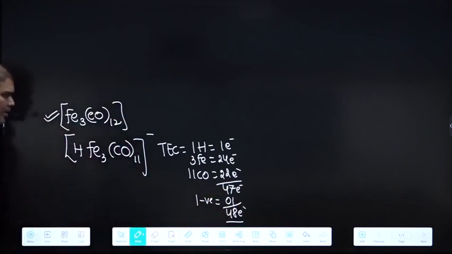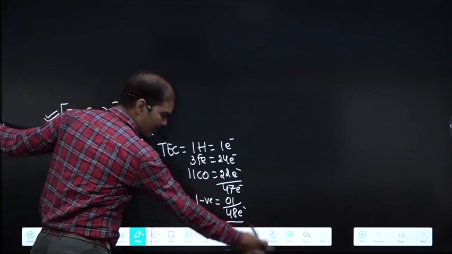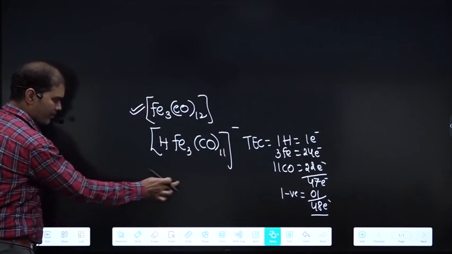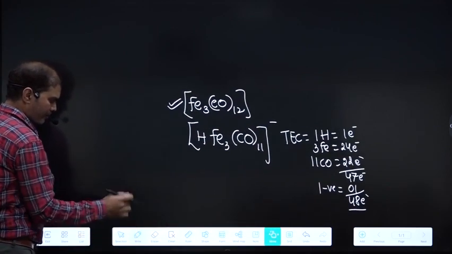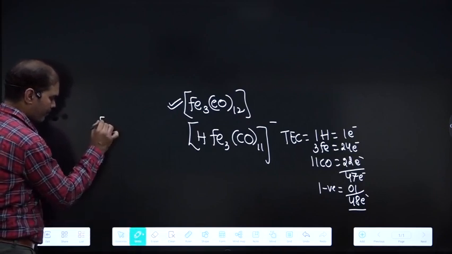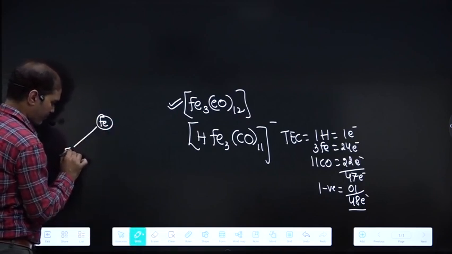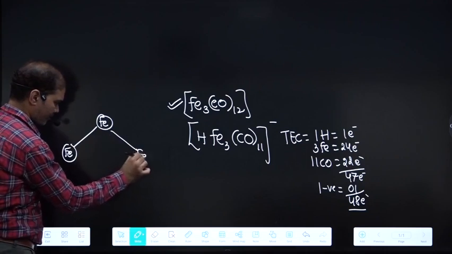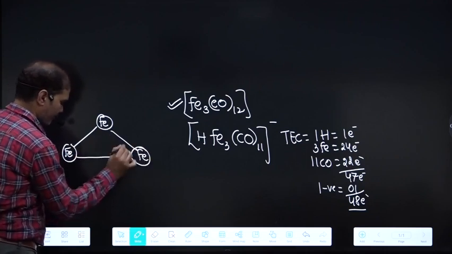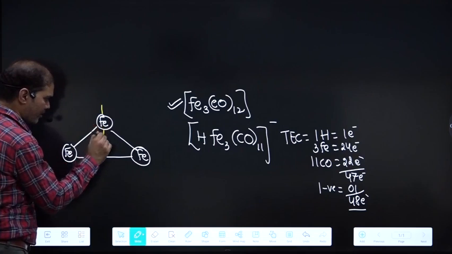It is a 48 electron system. So what will be the skeleton? Skeleton will be trigonal planar. So the skeleton of this is trigonal planar.